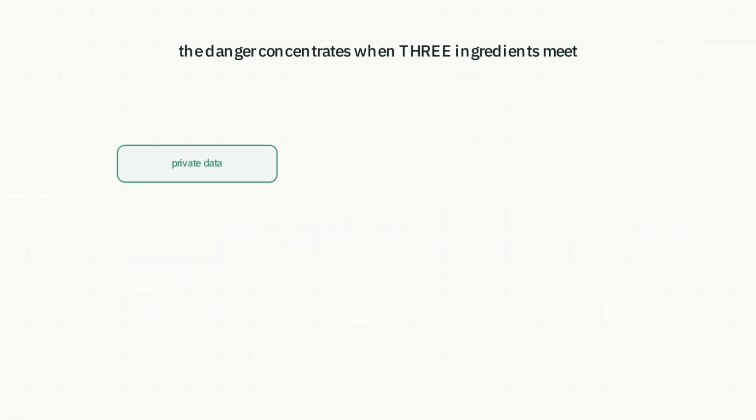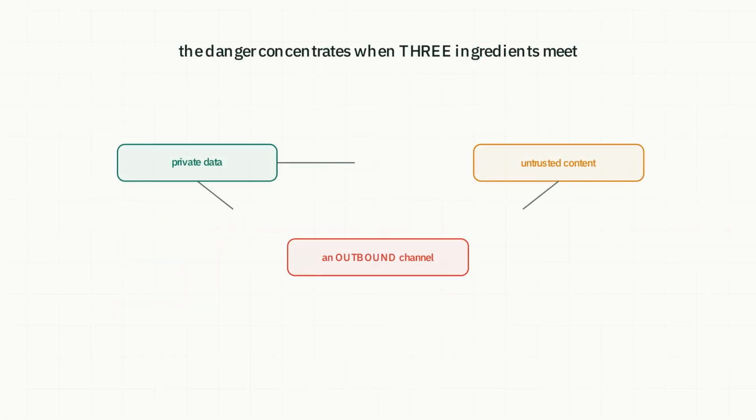The danger concentrates when three ingredients meet: access to private data, exposure to untrusted content, and any channel that can move data. A famous framing from the security community, the lethal trifecta, and a genuinely useful audit lens. Break any leg and the attack collapses. In practice, treat every tool result as untrusted input in your server. Keep results structured and minimal rather than free text soup.